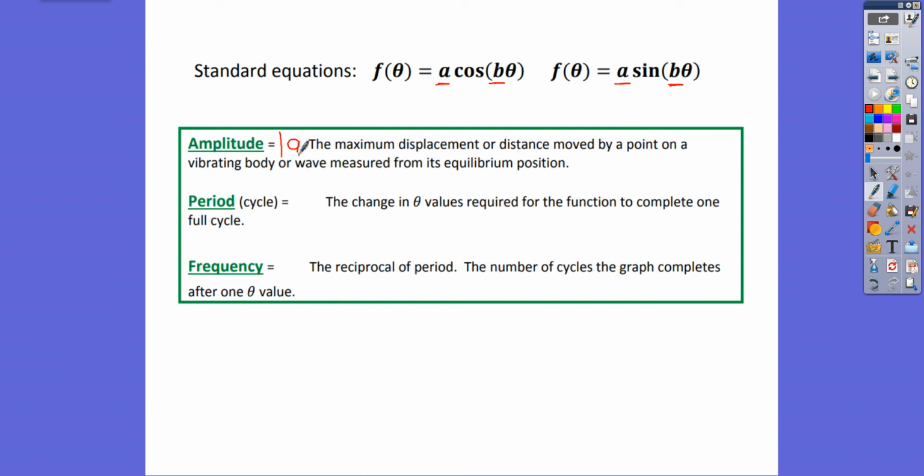Amplitude will be the absolute value of a. Another way to think about this from our transformations is that this is the vertical stretch, or vertical shrink actually. Our period, that's where the b value comes in. That's going to be 2 pi divided by b. Another way to think about it would be our horizontal stretch or our horizontal shrink.